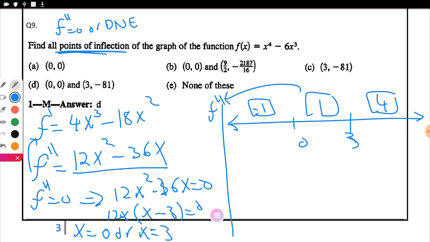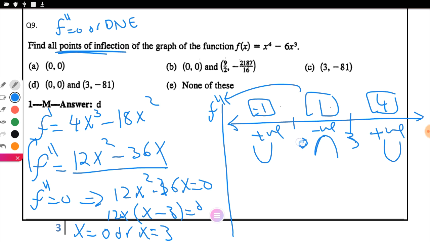If you replace by negative 1 in the second derivative, it will be positive. This means concave what? Upward. If you replace by 1, it will be negative. It means concave downward. Okay, just replace by 4, it will be positive, it means concave upward.